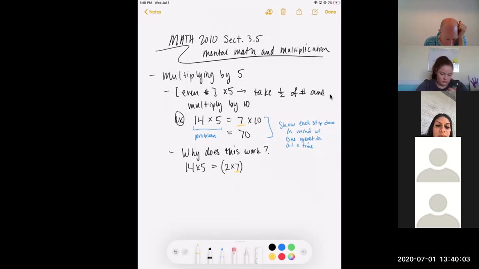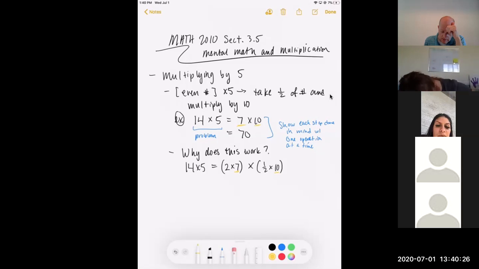And then I'm going to multiply that by 5, or half of 10. Okay, thinking about 5 is half of 10. So I'm taking half, 2 times, yeah. So there's where the 10 comes from.